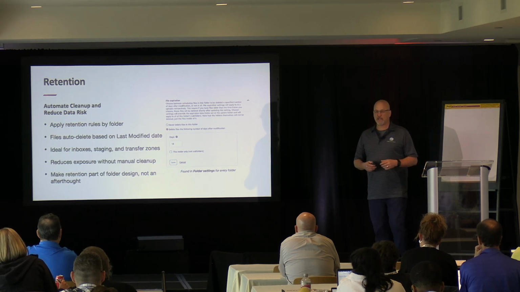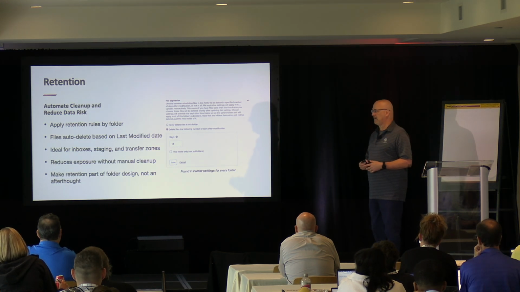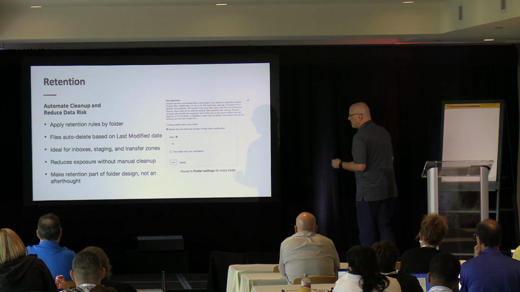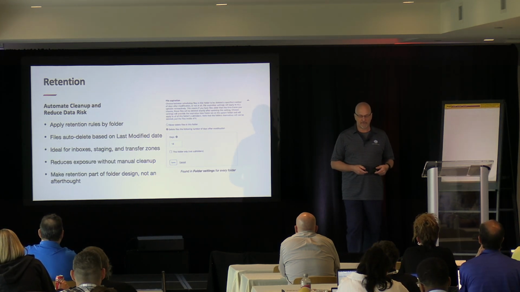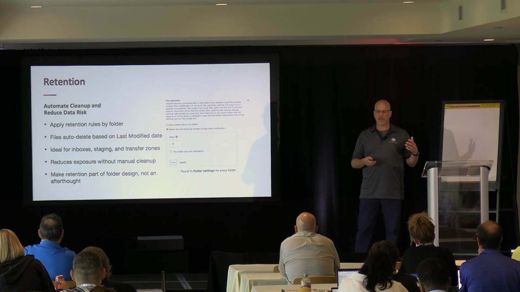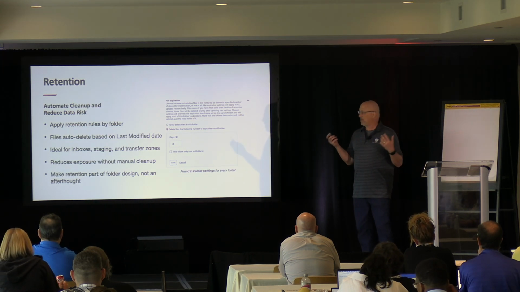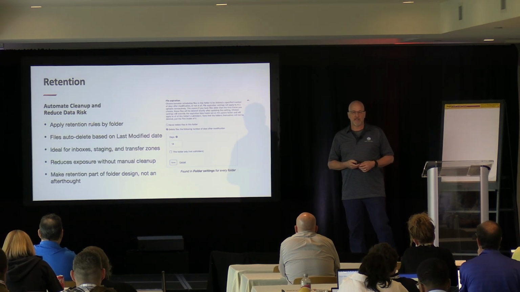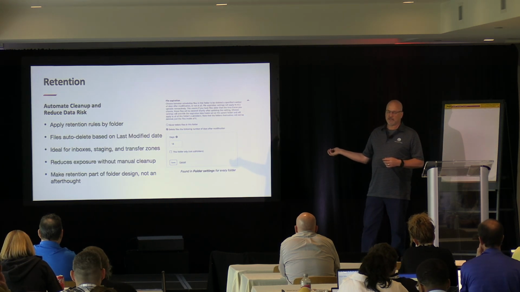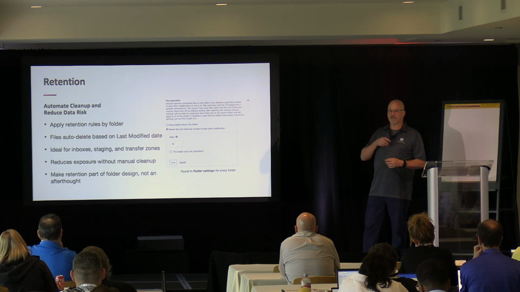All right, so retention is one of the things that you can set at a platform level and at an individual folder level. You can apply them basically, let's say you want, in this case, 14 days retention. After that, the files get deleted. That 14-day expiry is calculated based on the last modified date.